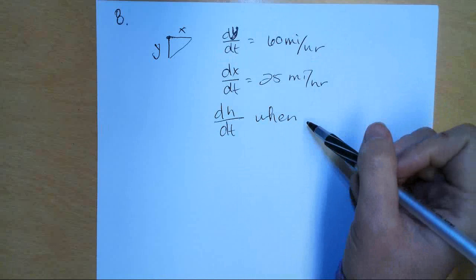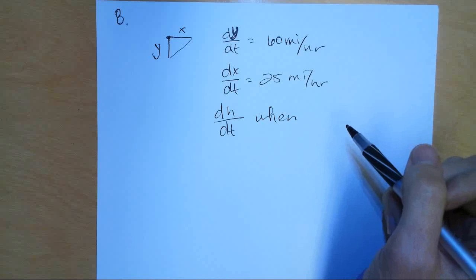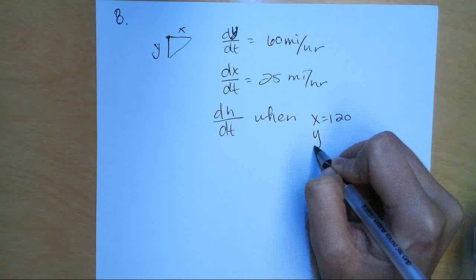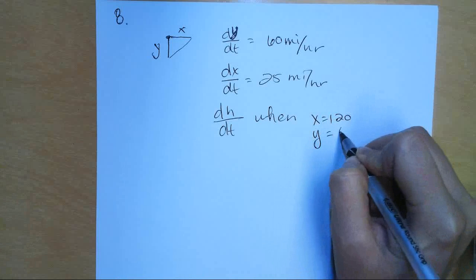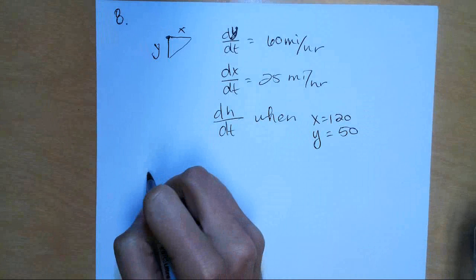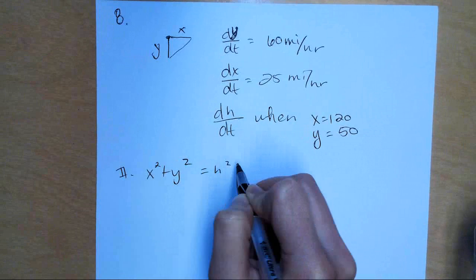So instead, why don't we just pick x and y? So what is x when the time is 2? It's 120. And what about y? 50. Okay, how am I going to relate these? Pythagorean theorem, right? So we have x squared plus y squared equals h squared.